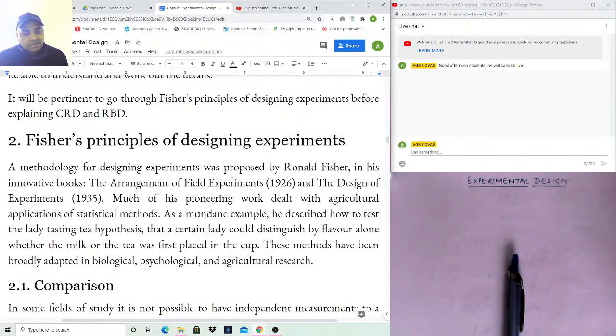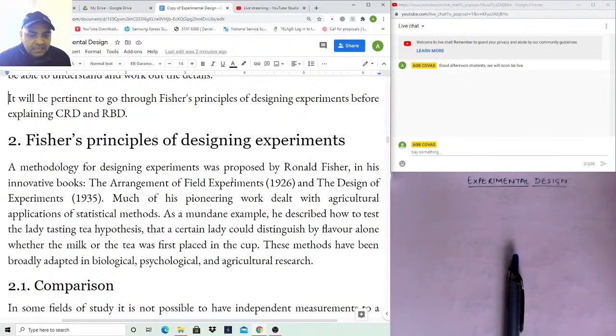Okay, and that is why his things are being used as they are, and because of his work only we can say that we were able to develop such a large number of varieties from the Mexican wheat we bought from other countries. Then we developed our own varieties, and that is why we have become self-sufficient in cereal production. Okay, particularly wheat. Once we were importers, now we are exporters.